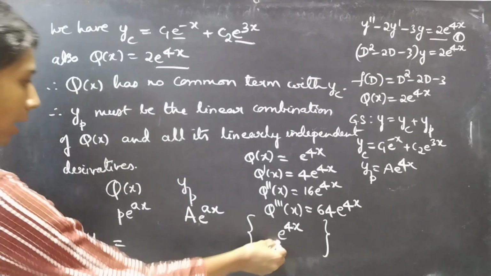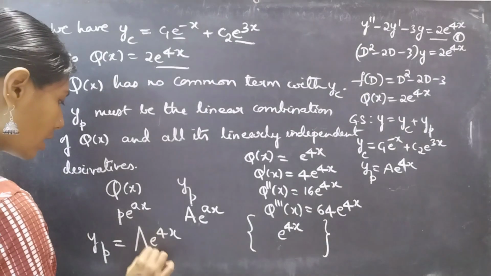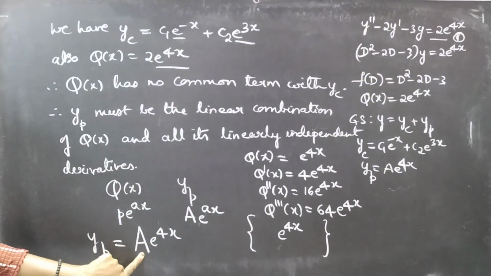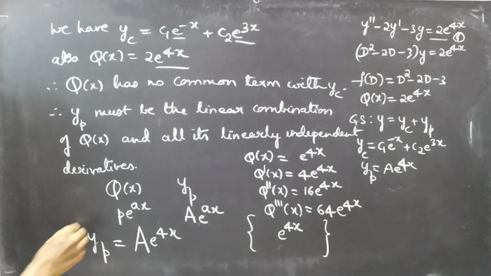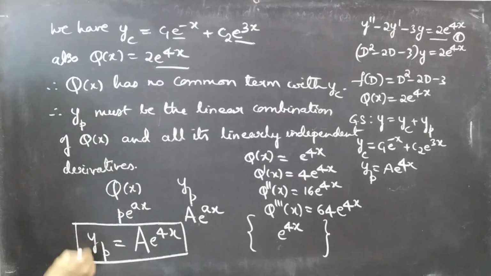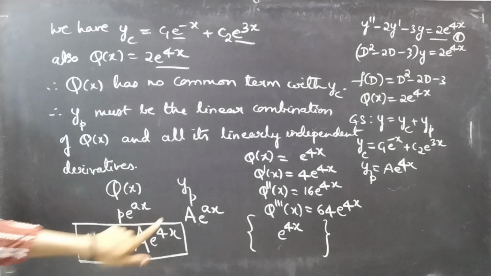Yp equal to, I like this function, e power 4x with some coefficient, say a. Okay, this a is called an undetermined coefficient. Okay, so this is the formula for yp using trial method. Always go for the trial method instead of picking the direct formula.